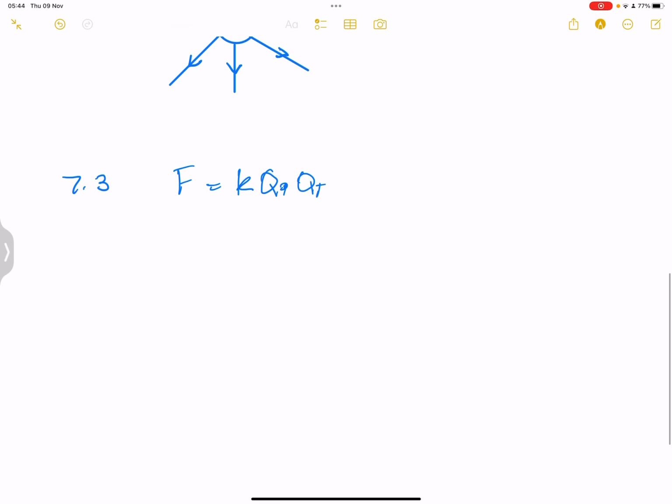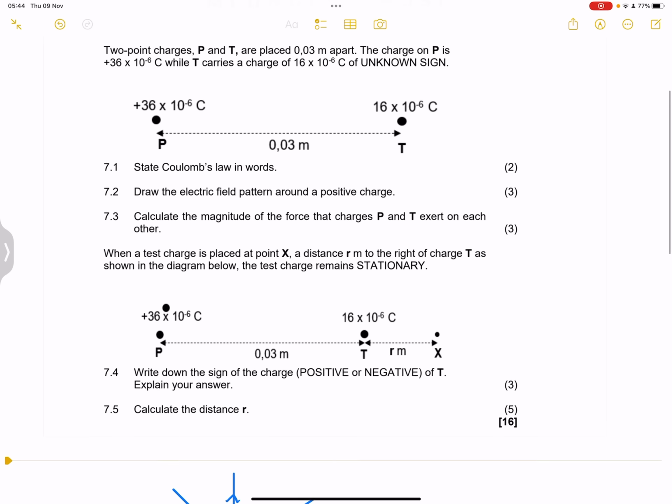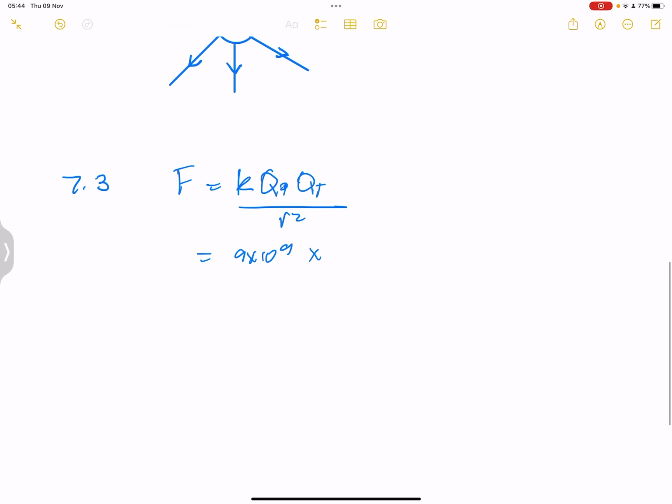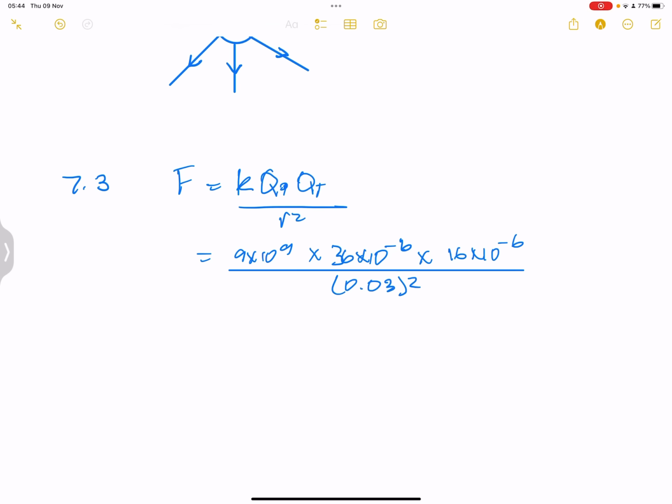That's going to be 9 times 10 to the 9 times the charge on P, 36 times 10 to the minus 6, and the charge on T is 16 times 10 to the minus 6. They said they are at a distance 0.03 meters apart. Please don't forget to square that distance.